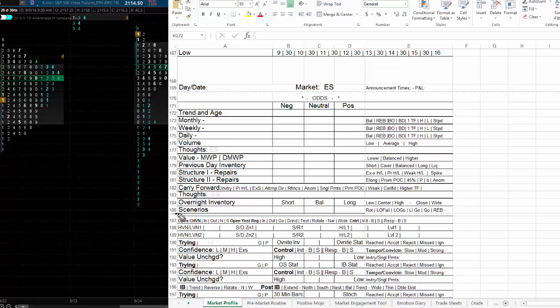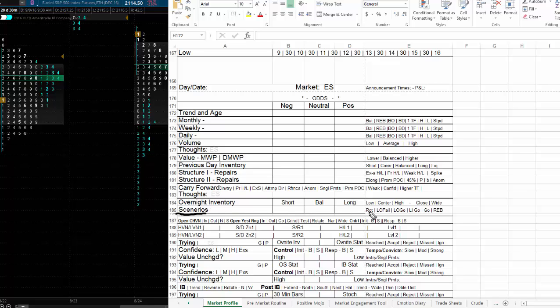Scenarios, this is where I kind of plan out my scenario for the day, how I'm going to trade it. I have approximately 7 scenarios. If the market gaps wide, then I have a scenario that I think is going to play out, and I'm going to be looking for that to happen, and I'll write it out here.